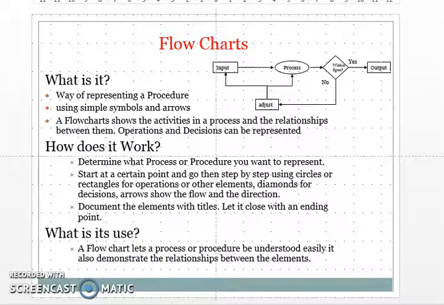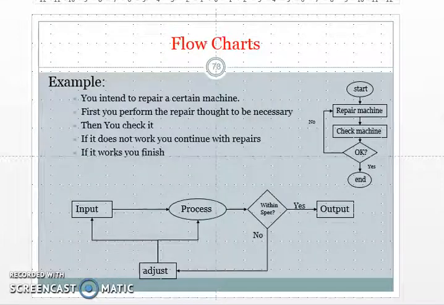Just we will take one small example to understand the flowchart. Suppose you intend to repair a certain machine. Then first you have to perform the necessary repair, then check it, and if it does not work, then you have to continue with repairs.